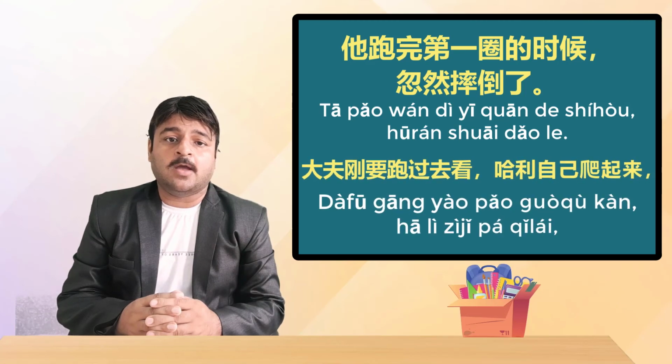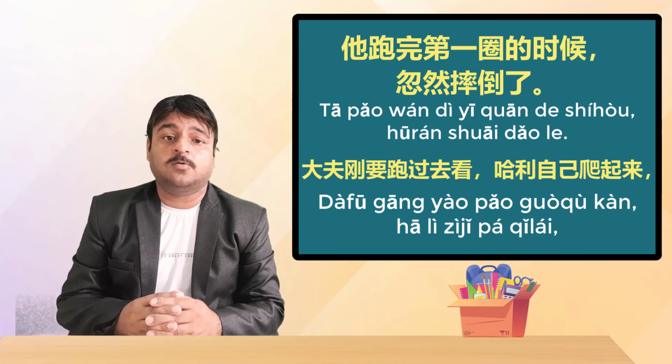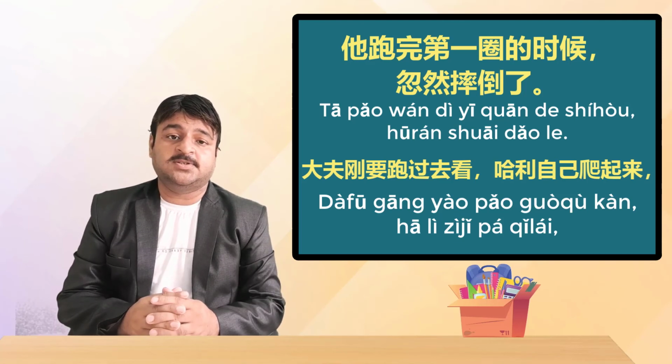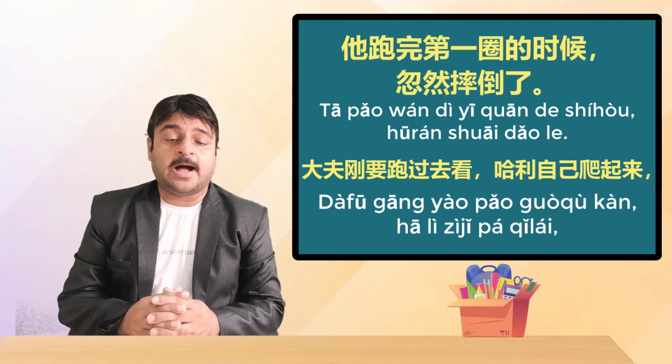大夫刚要跑出看，大夫 doctor, 刚要 just wanted to, 出看 have a look. When the doctor just wanted to have a look, 哈利自己爬起来，哈利 himself, 自己 himself, 爬 to climb up, 起来 come up. So Hali himself climbed up or got up.